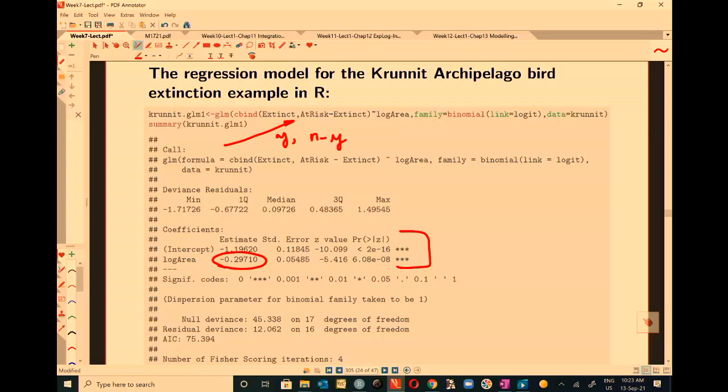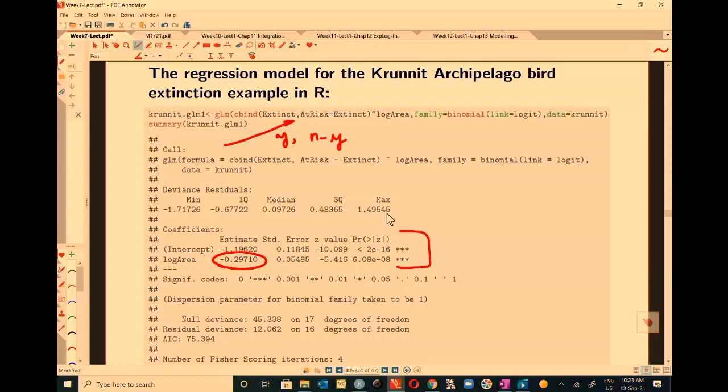The coefficient of log area is negative, which means that the log odds of extinction decrease as the area increases. Is that okay? That's the kind of thing we're expecting and hoping to see in your tests. The expression straight away is that the log odds of extinction decrease as the area increases.